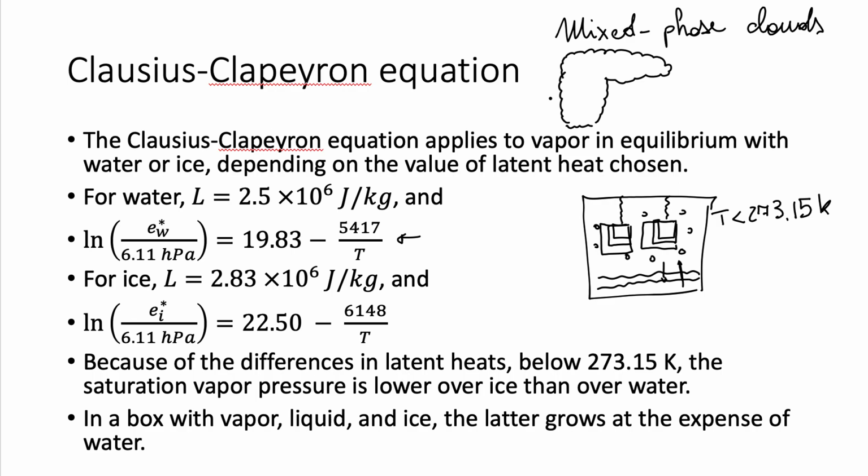So above something like 5 kilometers, give or take, you're starting to have ice. Above 10 kilometers, ice is going to be all that you have. So these are all ice crystals. More or less, just please don't be too picky. Below 5 kilometers, it's kind of warm, and so you're going to have liquid droplets. Between these two, you're going to have a mixed phase. You're going to have both.